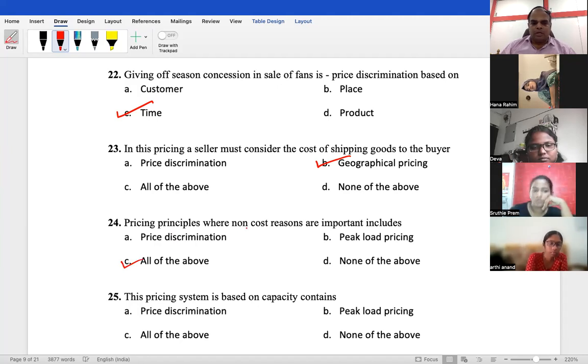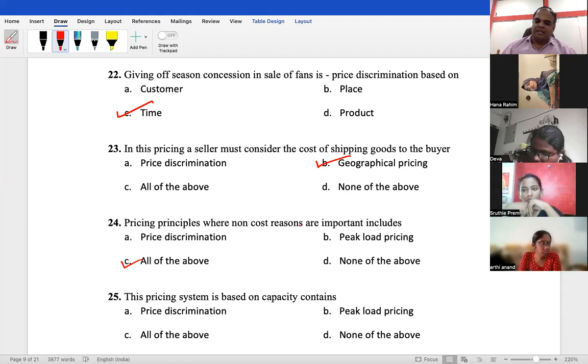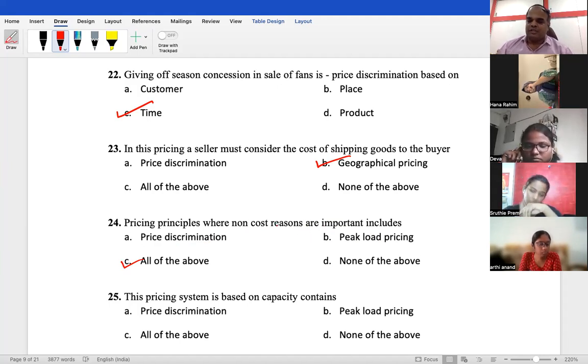Price discrimination is also based on non-cost factors, and peak load pricing is also a non-cost factor. In peak load, they are charging a high rate irrespective of the same cost. In another cinema theatre also they are charging a differential rate, irrespective of the same cost of showing the same movie. So cost alone is not the criterion; based on some other factor they are charging.